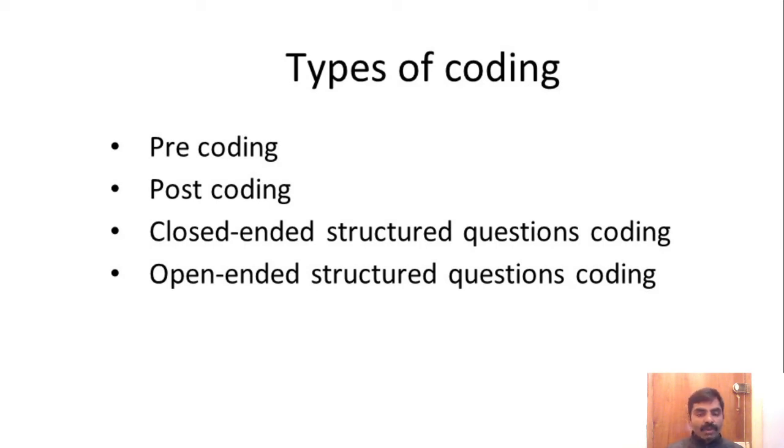Finished. You don't get any other options. So the responses are limited or constrained to those particular options. That is called closed-ended structured questions. Comparatively, closed-ended structured question coding is easy, simple to code.